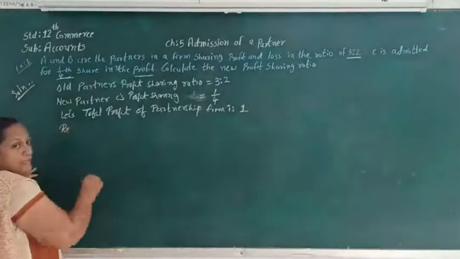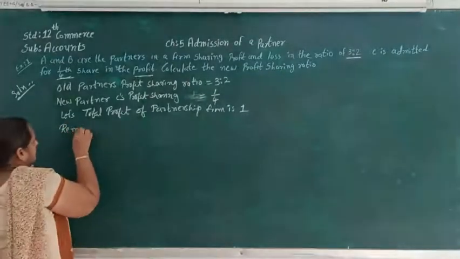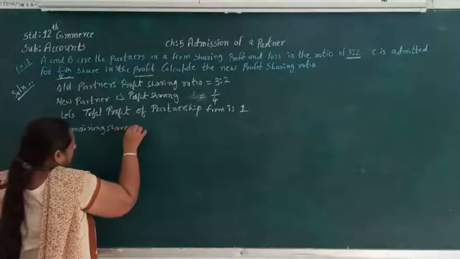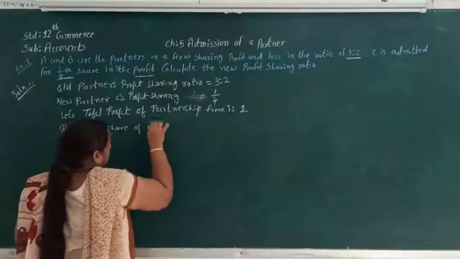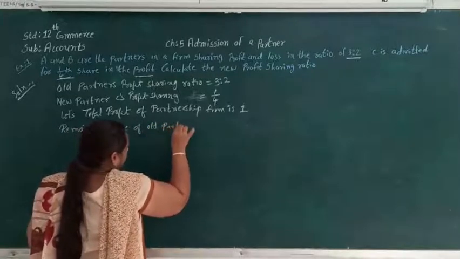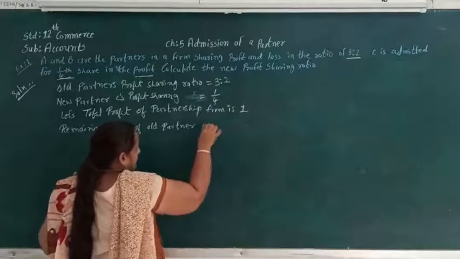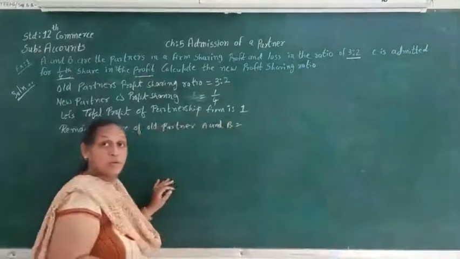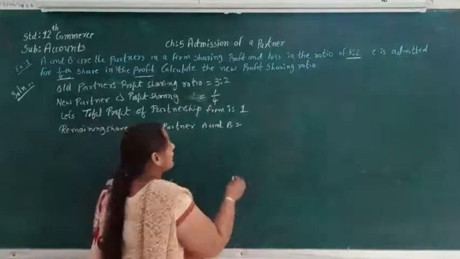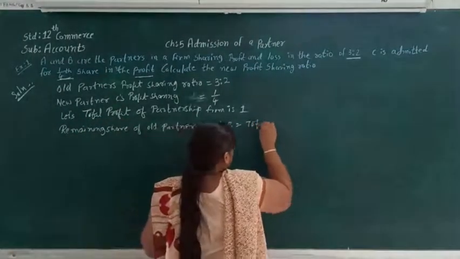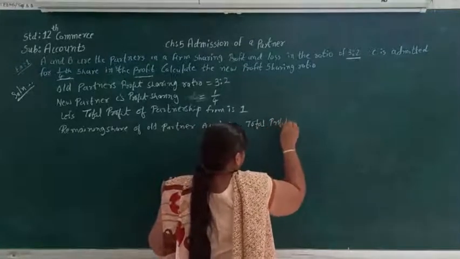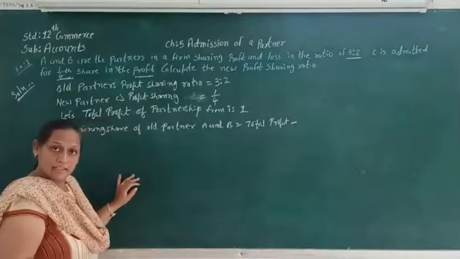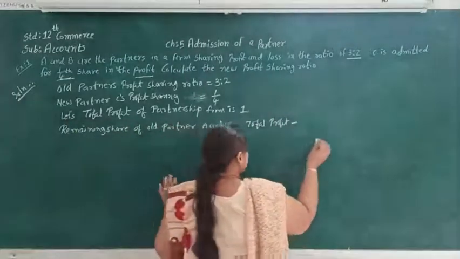The remaining share of old partners A and B is equal to total profit minus the entering partner C's share.